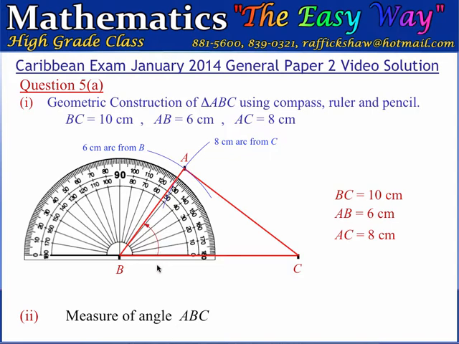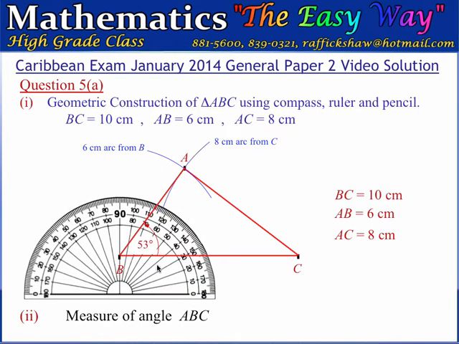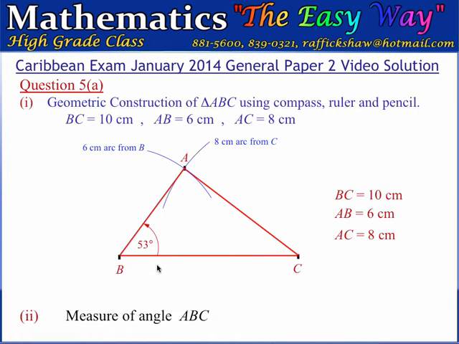That's the angle ABC, and the protractor is showing us that that angle is approximately 53 degrees. So let's put that on the diagram and move the protractor out the way. And so that's it. Our angle ABC is 53 degrees, and that's the answer for part 2 of question 5A.